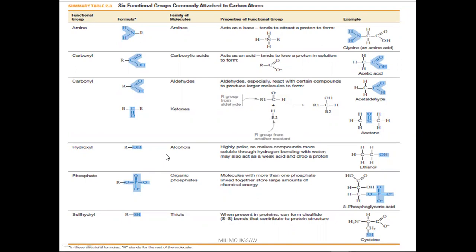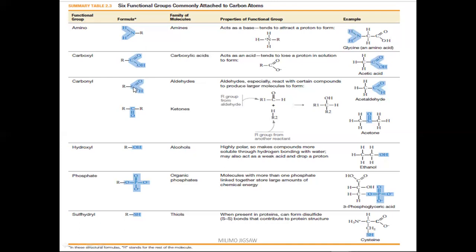And then the other functional group that we have is a carbonyl group. When we look at the carbonyl group, it consists of a carbon atom that has a double covalent bond with an oxygen atom.